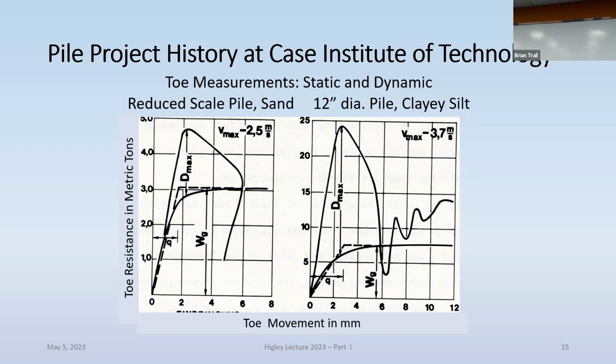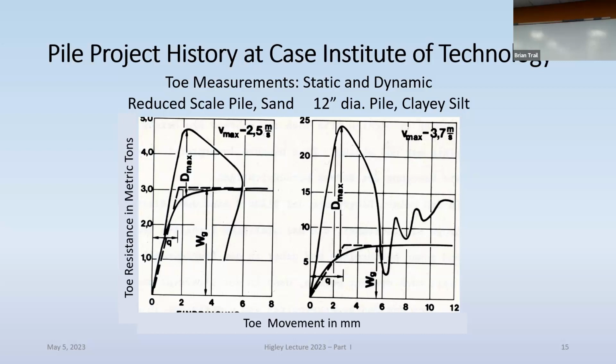So you see the static curve here that we, during a static load test, had determined from our measurements. And you see the dynamic curve here. And really, at the time of 0 velocity, we have a pretty good agreement between the statically measured resistance and the dynamic resistance.